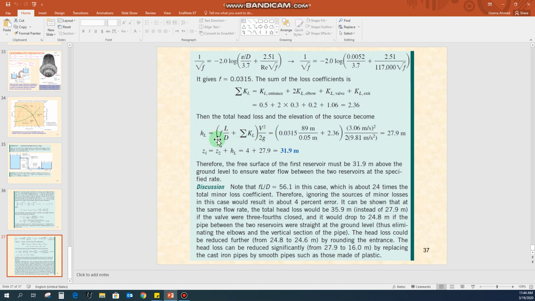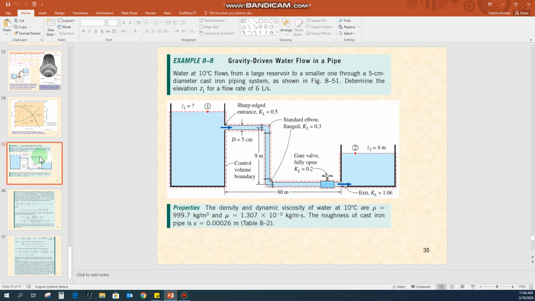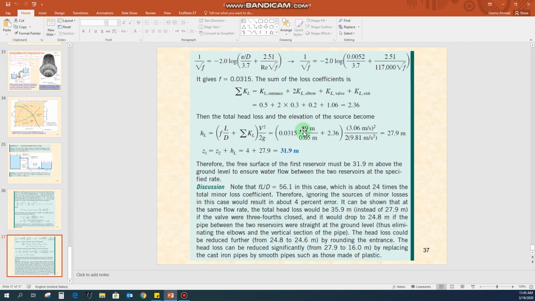In the total head loss equation, you will plug in the friction factor and the length. For the length, you have to put the total length of the pipelines. What is the total length? This one is 80, so this one is 80 plus this one, that is 89, sorry. So you put the value for the complete pipeline, that is 89.